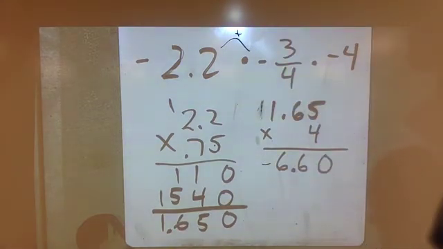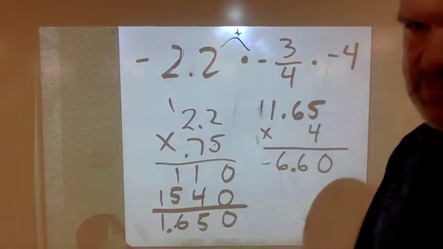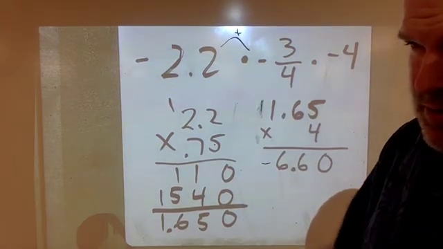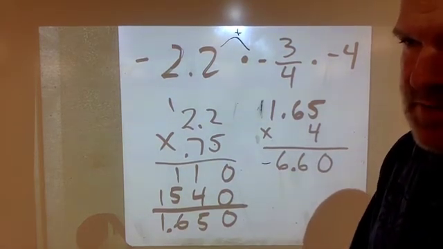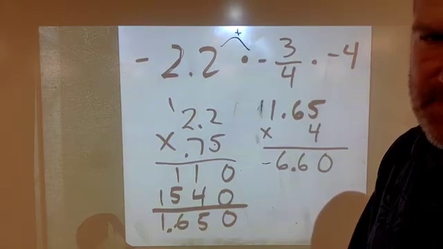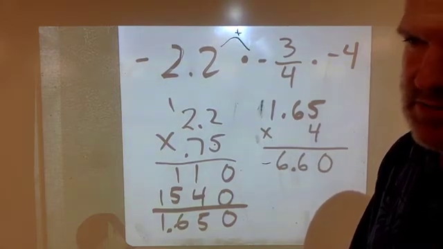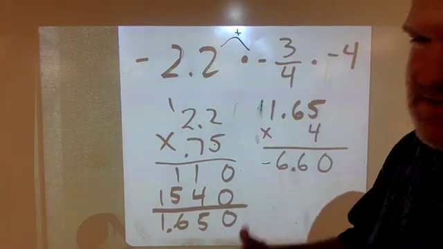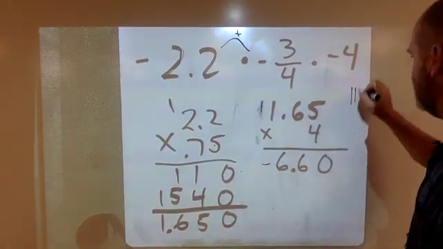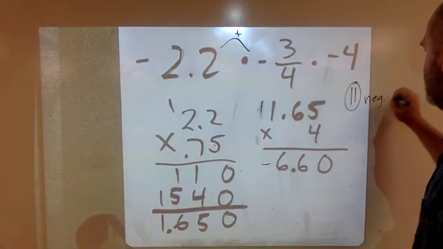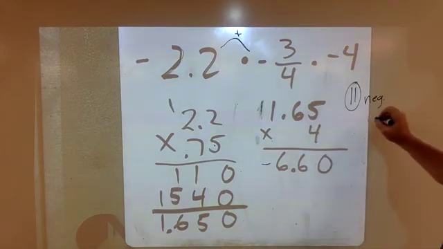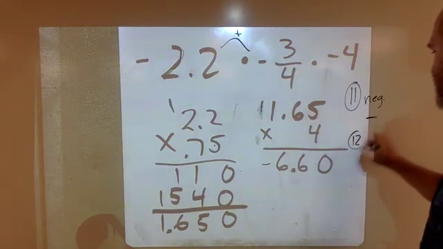So let's say you had 11 numbers in a row and you're multiplying all of them and they're all negative. Do you have any idea what your answer would be, positive or negative? You got 11 negative numbers in a row that you're multiplying. Your answer will be negative. What if you have 12 negative numbers in a row?